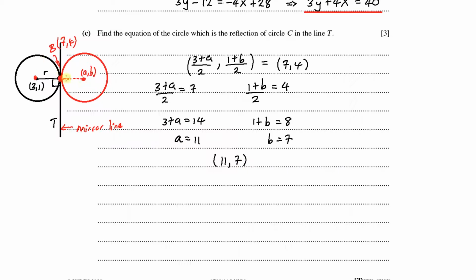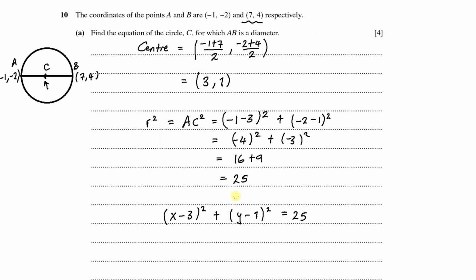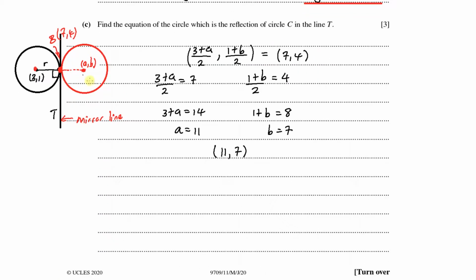The radius of the reflected circle should be the same as the radius of the original circle. So the radius of the original circle, obtained in part A, is such that r squared is equal to 25, which means r, the radius, is 5. So the same radius is what we're going to use for the reflected circle.